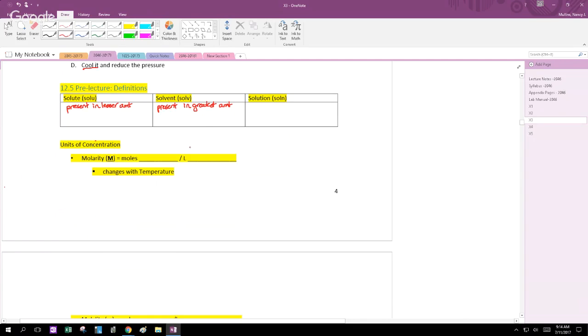And so if you're talking about air, for example, solutes might be things like oxygen, because the largest quantity in air is actually nitrogen. So air is only a portion that's oxygen, but 79% of it's nitrogen. If you're talking about aqueous solutions, of course, then your solvent is water.